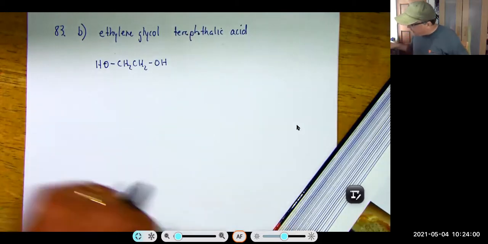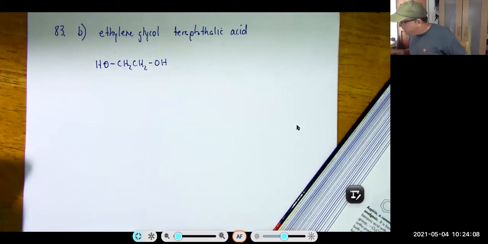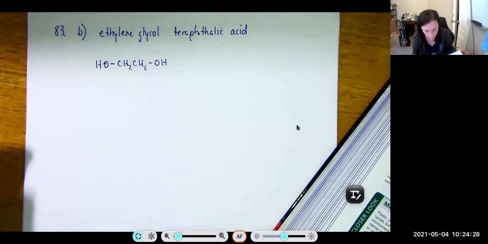Okay, now if we look for terephthalic acid, chances are when we go to the carboxylic acids, we'll see terephthalic acid somewhere. I'm still looking. Me too. Oh, I was wrong.